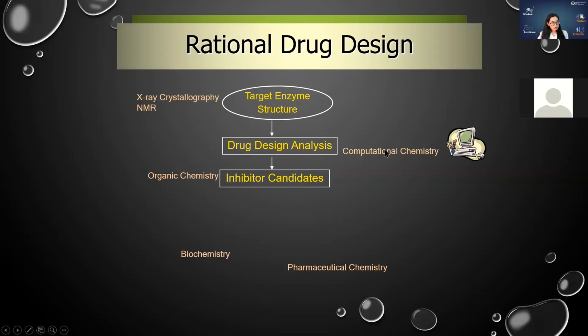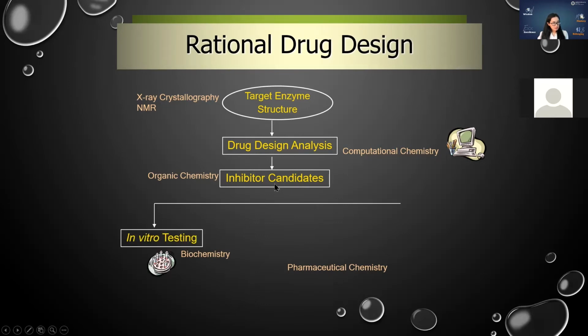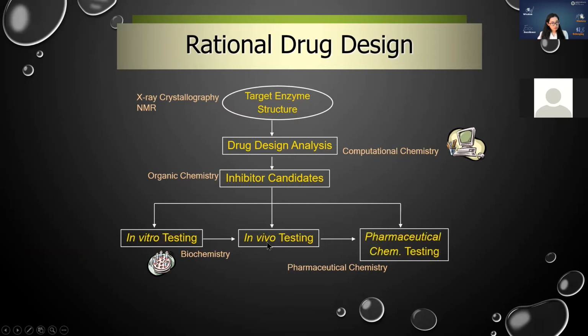And then the computational chemist will pass that molecule on to the organic chemist to synthesize the inhibitor candidate. After that, it will undergo in vitro testing in the test tube, in vivo testing in rats, rabbits, monkeys, and mice. And then it will pass on to pharmaceutical chemistry testing until the clinical trials.